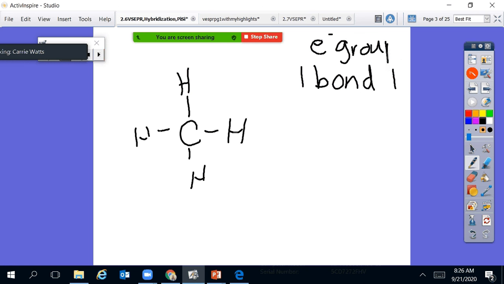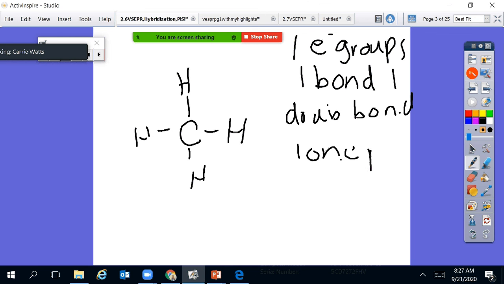A double bond is also one electron group. Okay, so a single bond is an electron group, a double bond is an electron group, a lone pair is one electron group. A triple bond is one electron group.